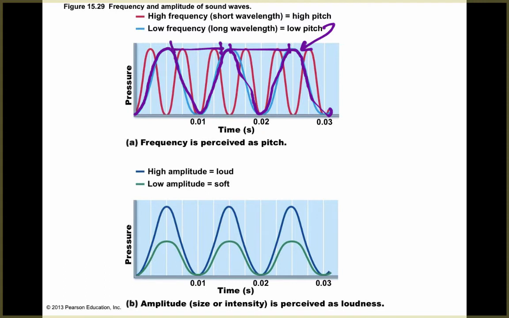The wavelengths themselves are longer. And essentially that is what determines pitch. And so we have the frequency, and what frequency is just the number of sound waves that pass a given point.